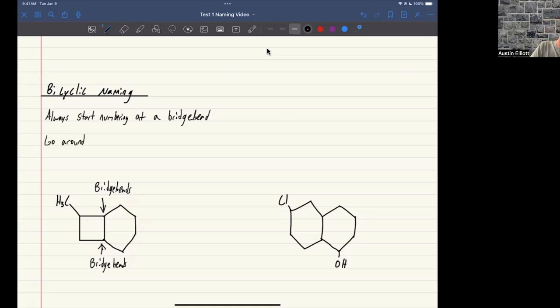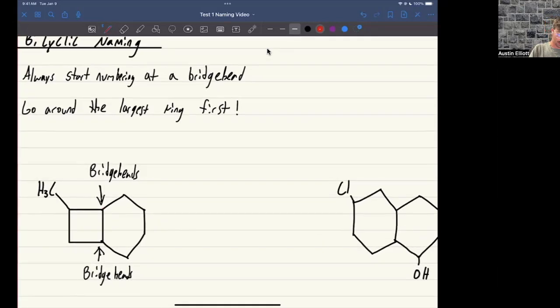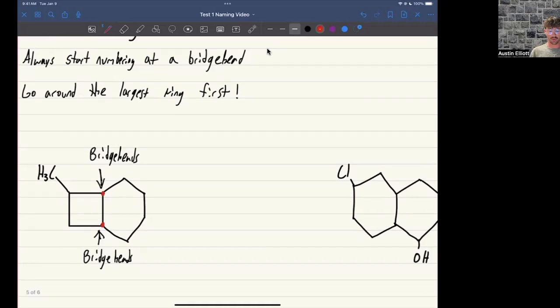So with this first one, we can start our numbering. So our bridgeheads are these carbons right here. And so we'll try 2 different ways to see what we get.